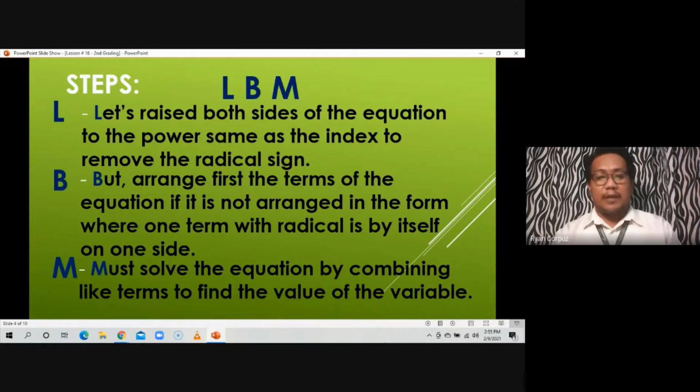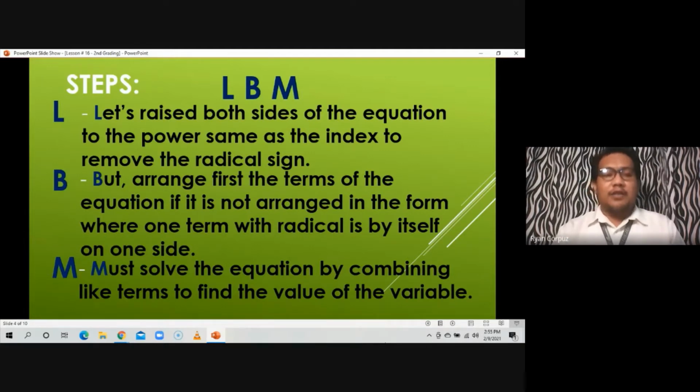Kasi ang focus lang naman natin lagi, when we are solving equation, ang pinaka-main focus is for you to find out the value of the variable, that value of the variable that will satisfy the given equation. So since we are dealing with equation here, your main goal is to again find the value of the variable in the given equation.